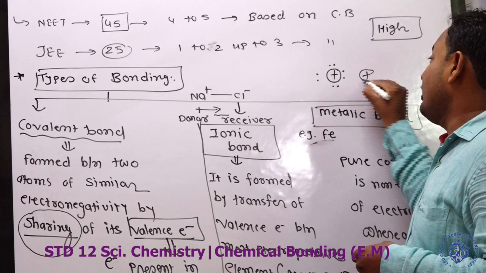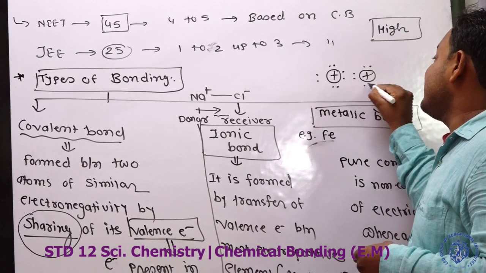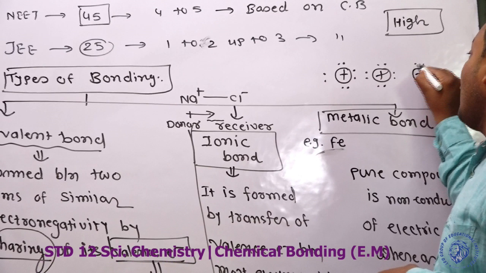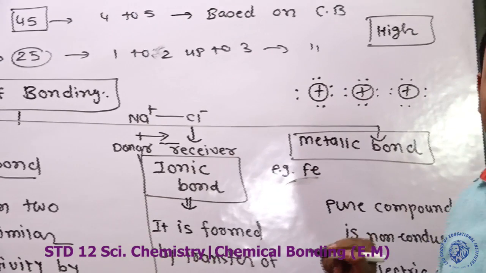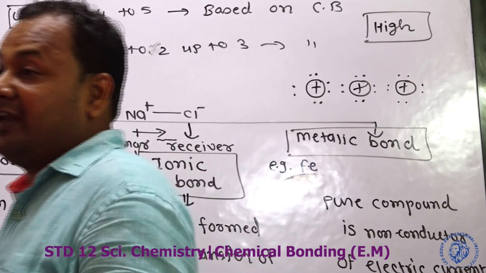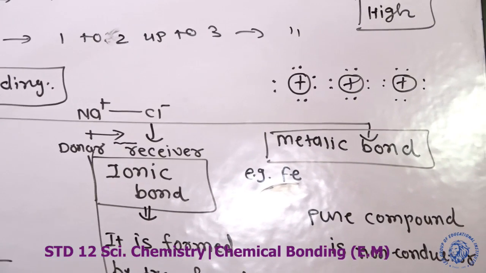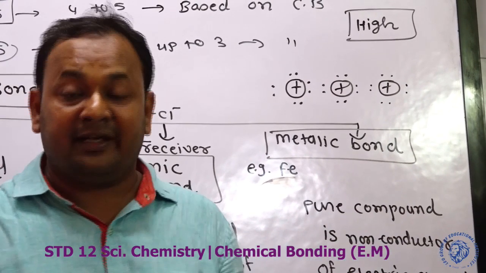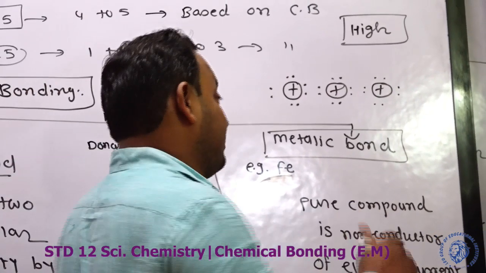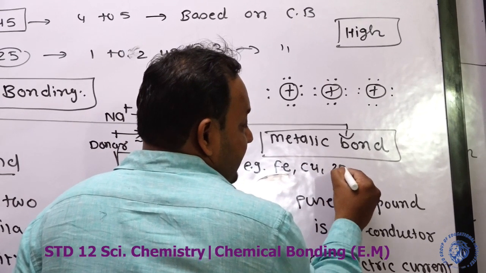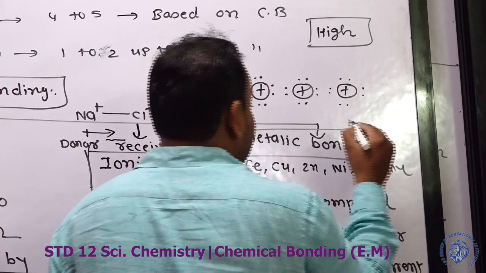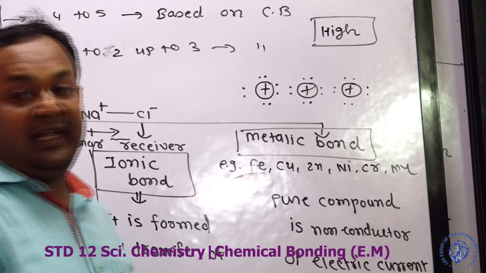Now, what does this sea of free electrons allow? It allows the conduction of electricity through metals. Whenever an external force is applied, current starts to flow, and this flow of current takes place via electrons. Fe, copper, zinc, nickel, chromium, Mn, all these have metallic bonds.